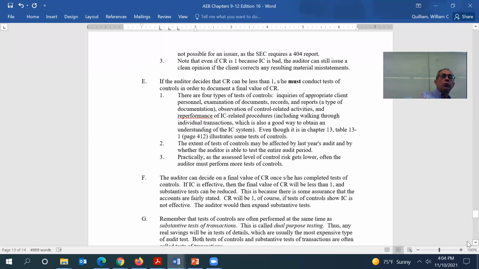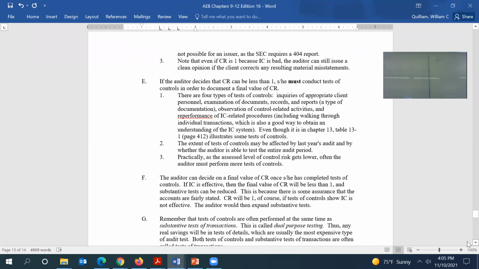And number 3, note that even if control risk is 1 or 100% because internal control is bad, the auditor can still issue a clean opinion if the client corrects any resulting material misstatements. So control risk is that maximum 100%. It's bad. Well, let's say the client cleans things up in the way of mistakes.